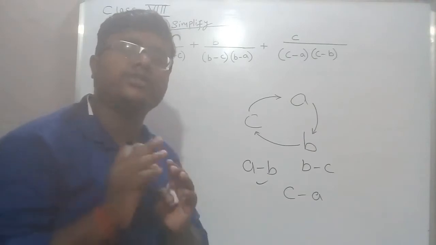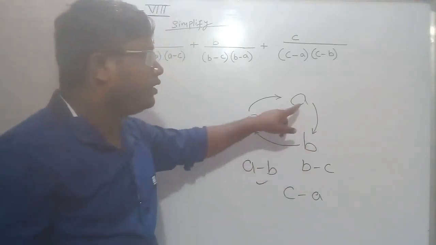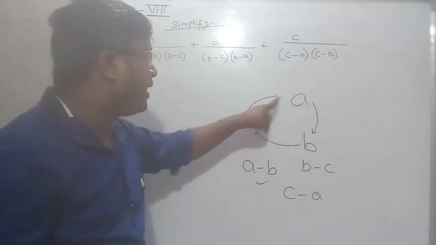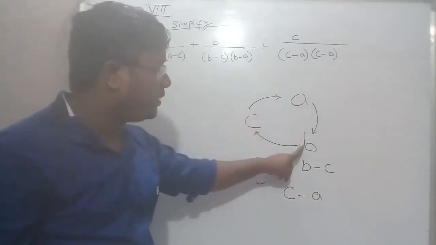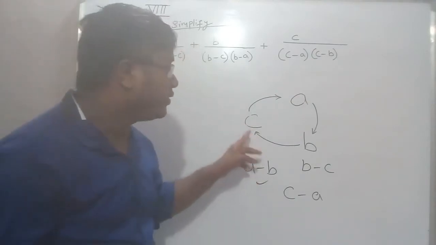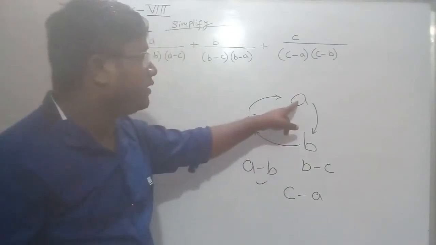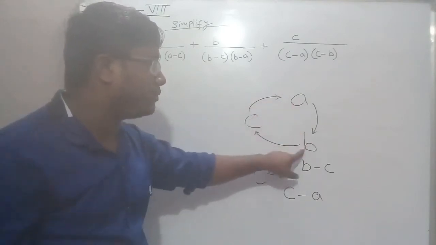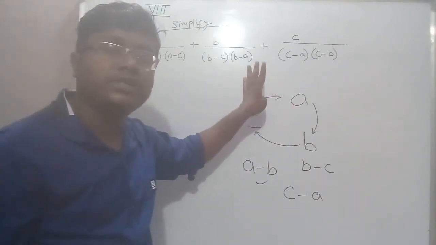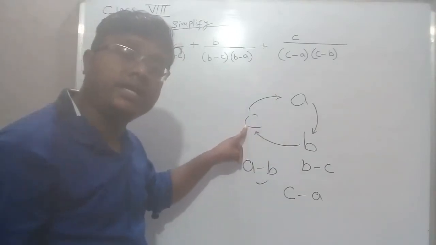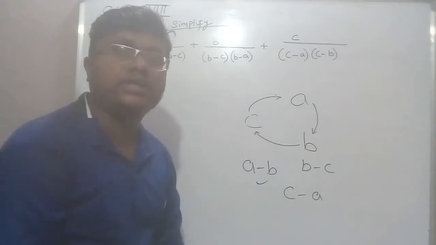It is your choice; if you make the cycle a minus c, c minus b, b minus a, then also it is okay. You can start from anywhere. So I am starting a to b, b to c, c to a, means a minus b if there is, no need to change it. B minus c, no need to change it. But if there is c minus a, then we need to change it.